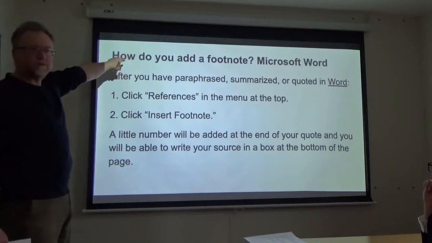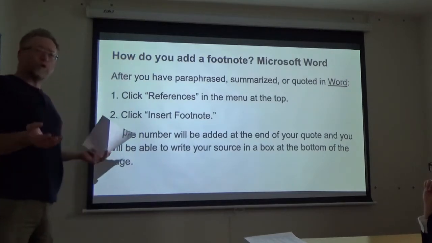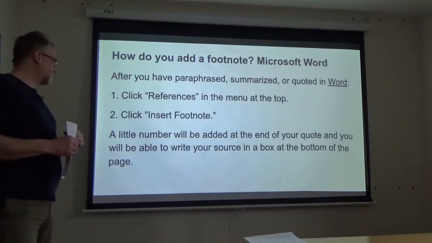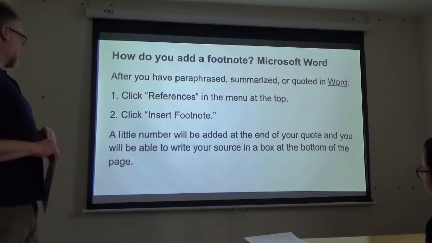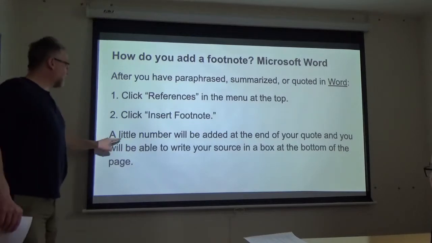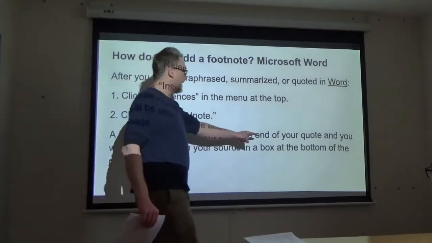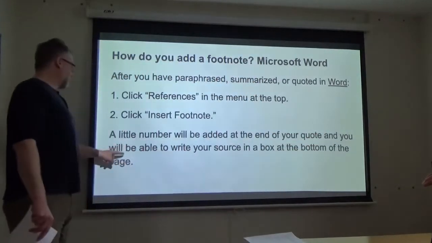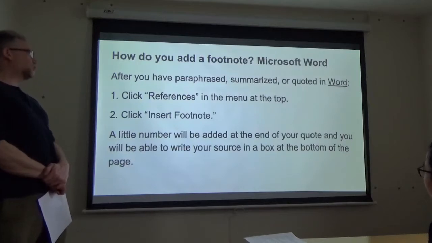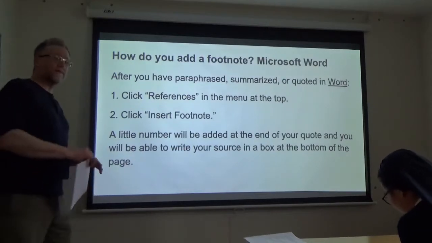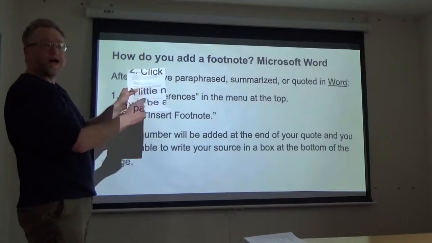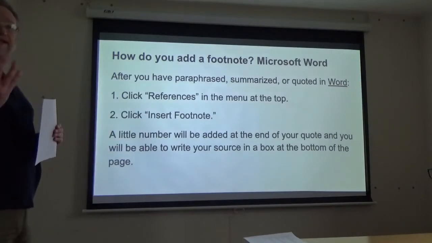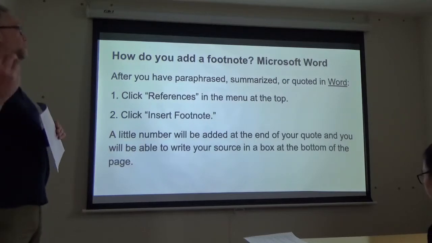Whatever it is, tomorrow we're going to look into that more because I don't have this here. So once you do this, a little number will be added at the end of your quote or your paraphrase, and you will be able to write your source in a box at the bottom of the page, down here. The box will appear, and you type in your information about that source. Okay? Slide.